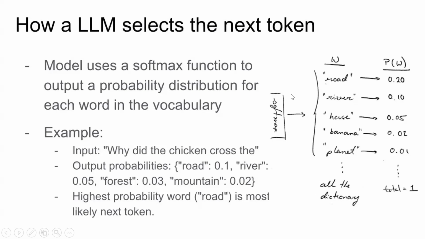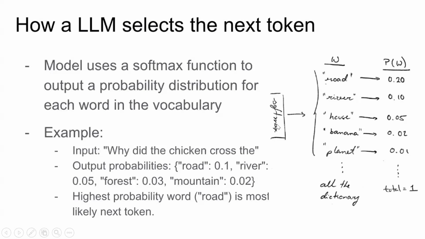So whenever it has to predict the next token, it calculates the probability of all the possible words, and the word which has the highest probability comes as the output. This is what the softmax function means. This is a bit technical, but I thought it's worth telling you.